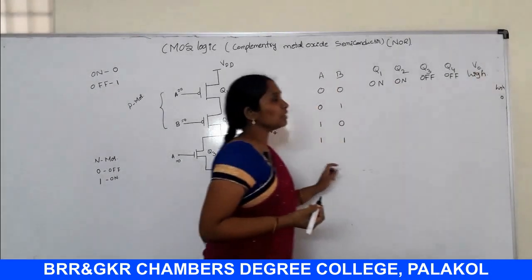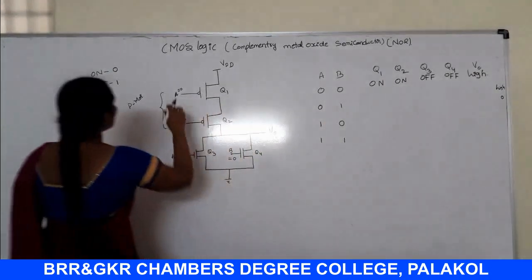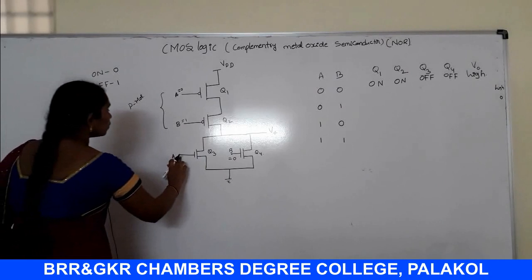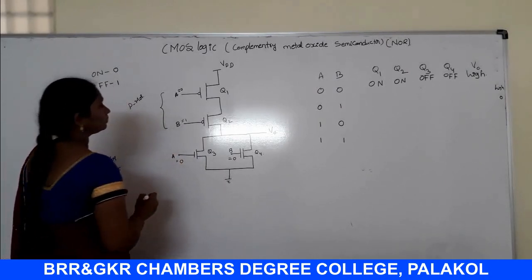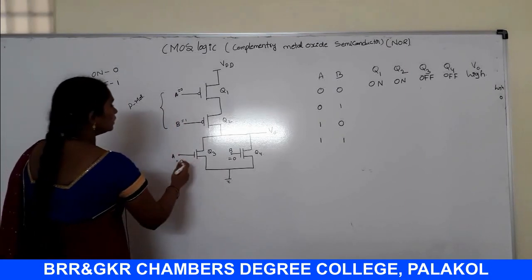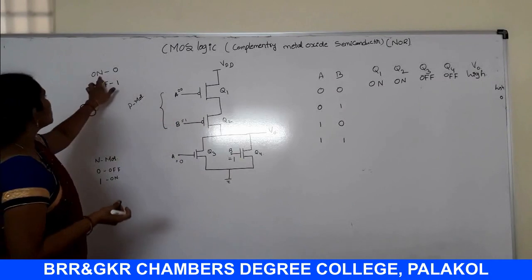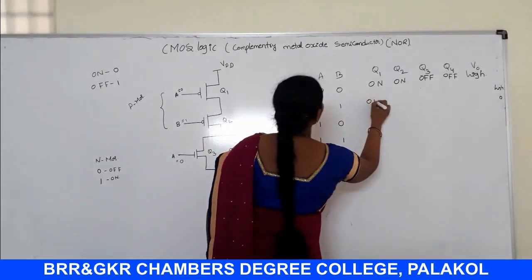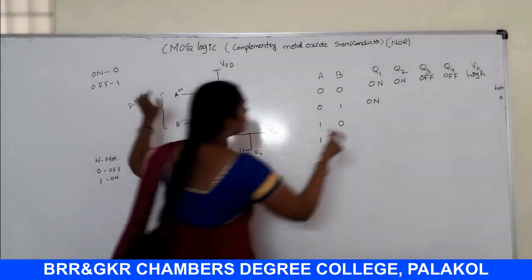Okay, next we will check the next condition, that is 0 1. When you apply 0 1, A is 0 and B is 1. So the Q1 transistor is on and the Q2 transistor is off.